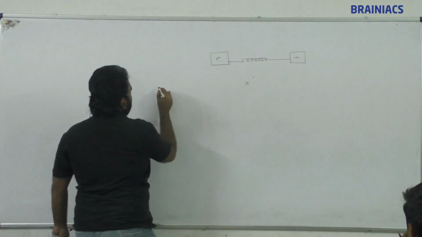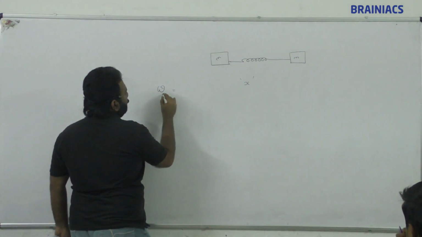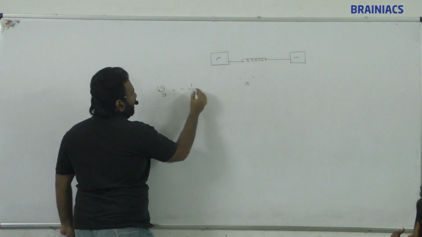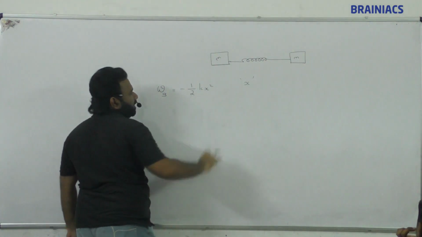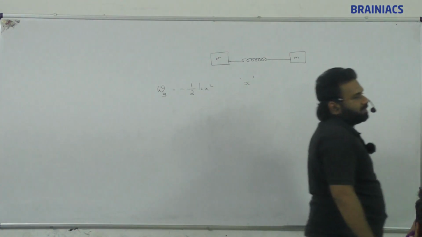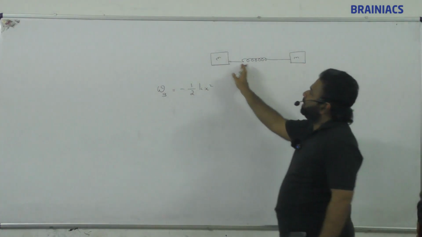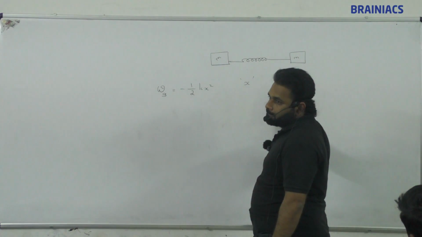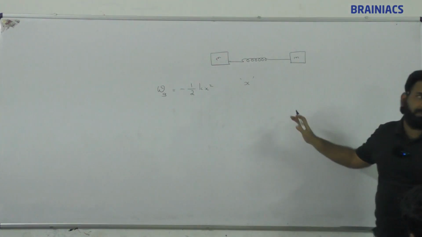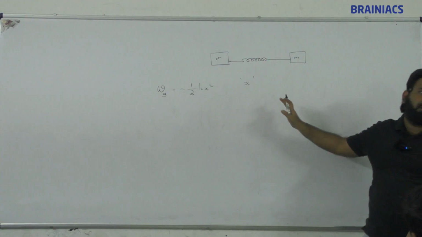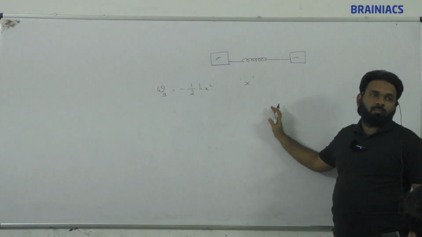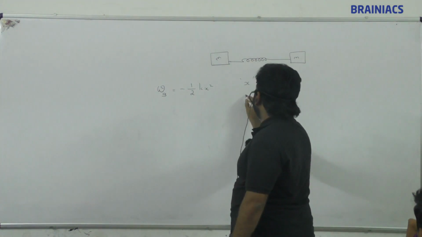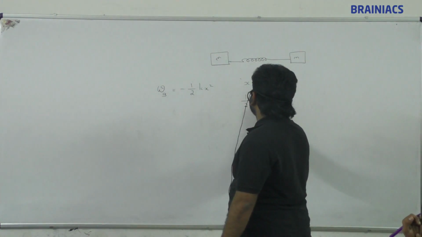The work done by the spring will generally be half k x square. Since the stretch is x, the total work done is going to be half k x square.